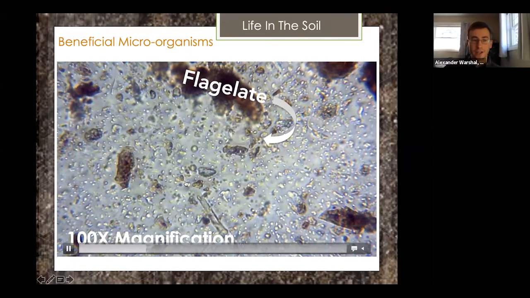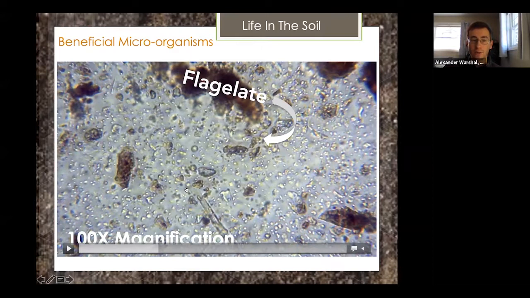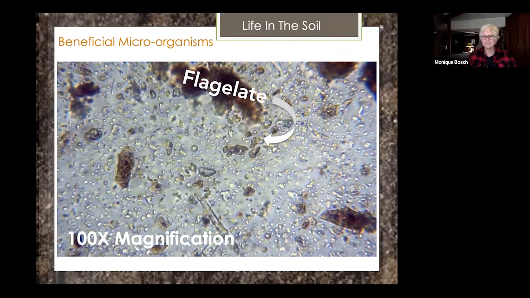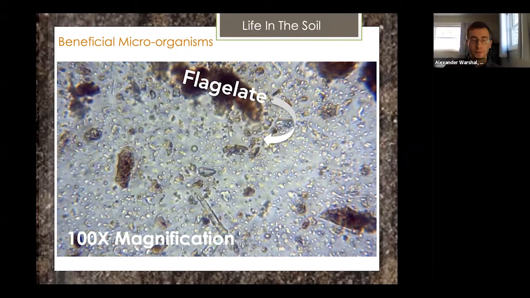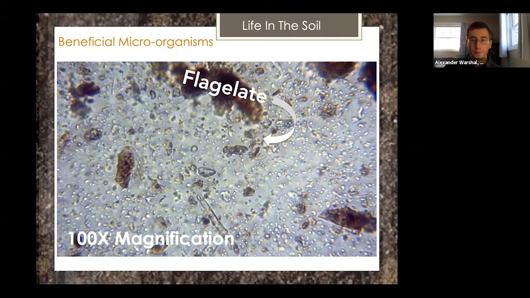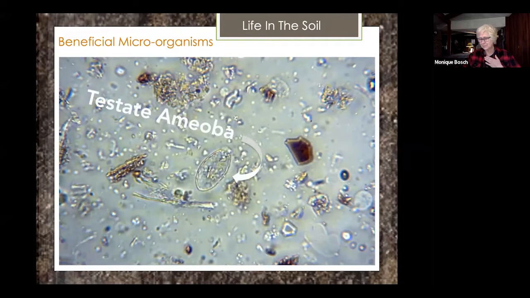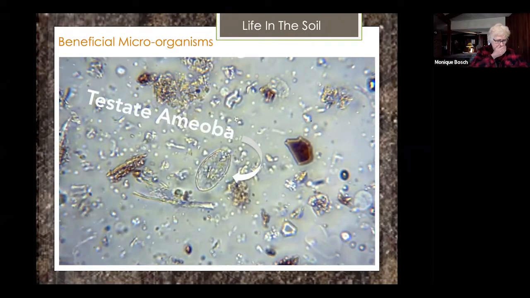There's another question in the chat. Fiona asks, is there something added to the soil before you look at it under the microscope, or is it just bare soil? It could be really high quality soil.